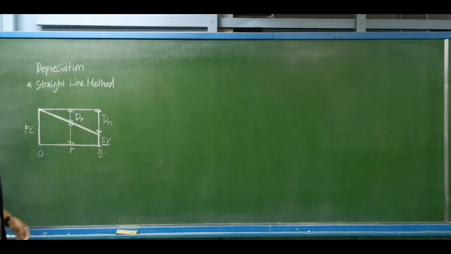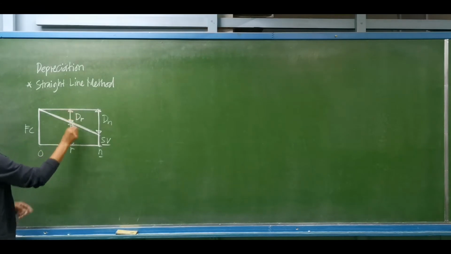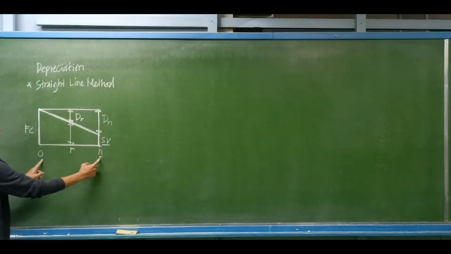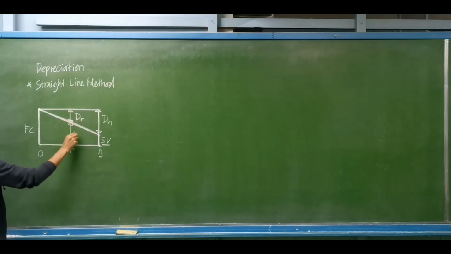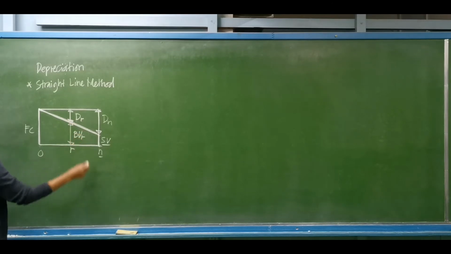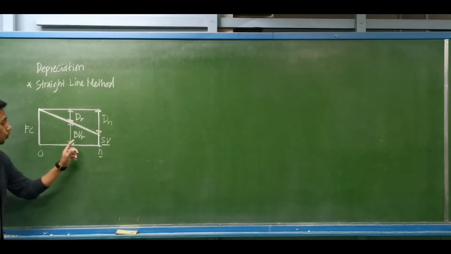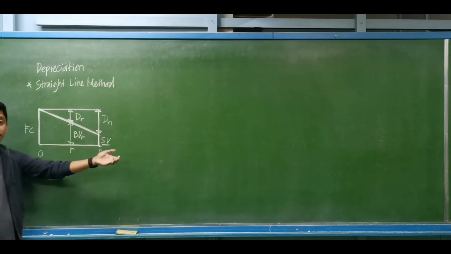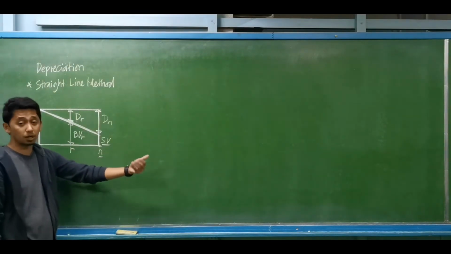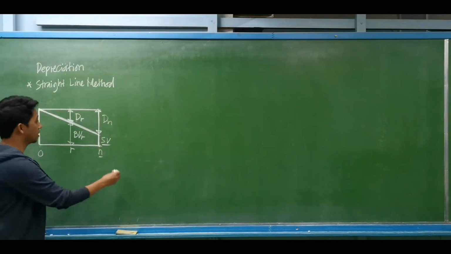Using this diagram, we can determine the value somewhere between 0 and n. Let's say we have dr and the book value r. For example, how to compute for dr? We can have it by ratio and proportion of similar triangles.